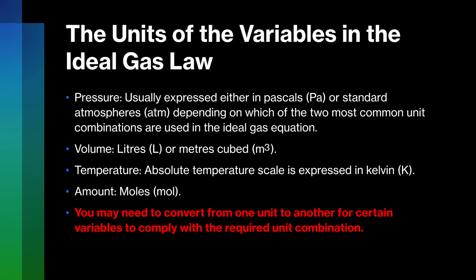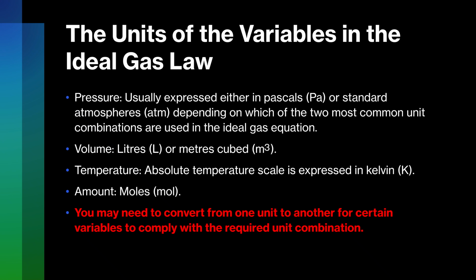Other units can be used for pressure, including torr, psi, bar, and millimeters of mercury. However, when it comes to the ideal gas equation, the two units most commonly used in chemistry and physics courses are pascals and atmospheres.